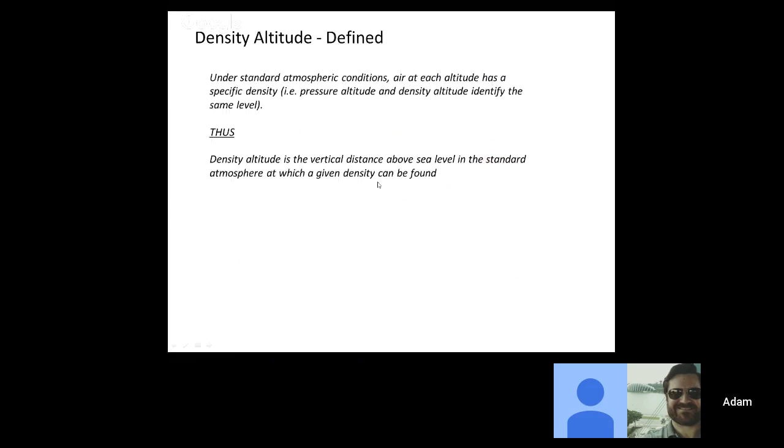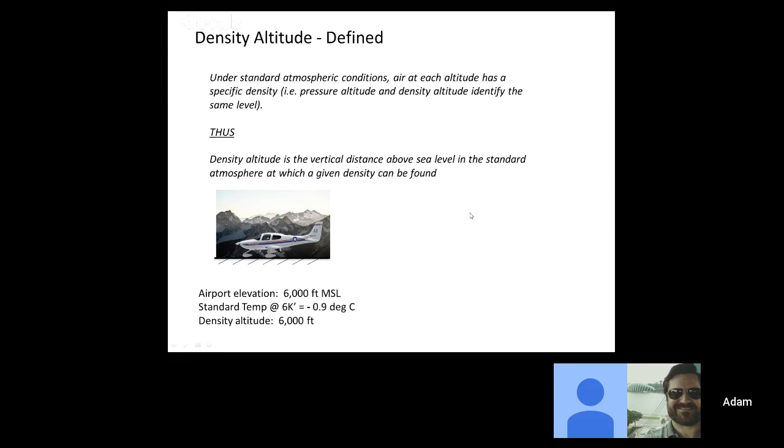Okay, so therefore, your density altitude is the vertical distance or the altitude above sea level in a standard atmosphere at which you can find an air density. That's just a fancy way of saying every time you change altitudes, you'll have a different air density. Oh, by the way, if your temperature is not standard for that altitude, the 3.1 degrees in the previous example, then your density altitude will be different than your pressure altitude.